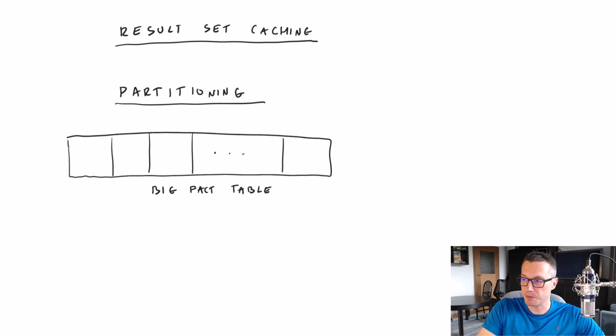So in our oldest partition, let's say we have data from January 2021. In the second partition, we've got data from February 2021. Then we've got March 2021, and so on. And in the newest partition, we have some data as well.